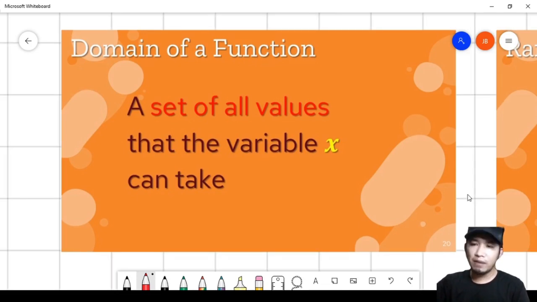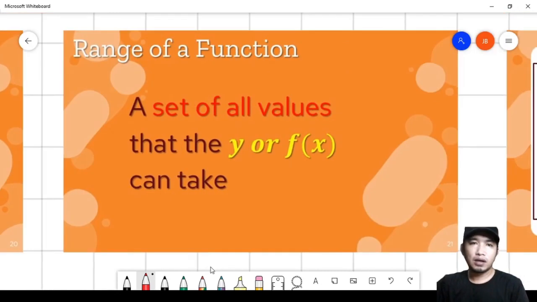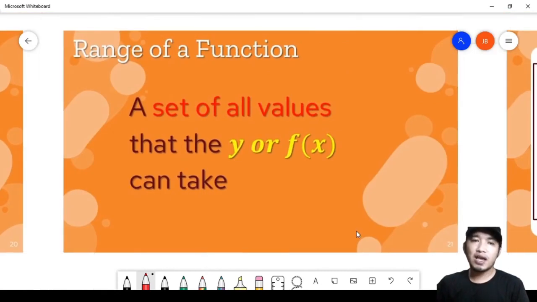Take note ha, pumapasok kay x. And then the range of the function is a set of all values that a y or the f of x can take. Lahat ng naging value ni y or ni f of x is called the range of the function. Alright?